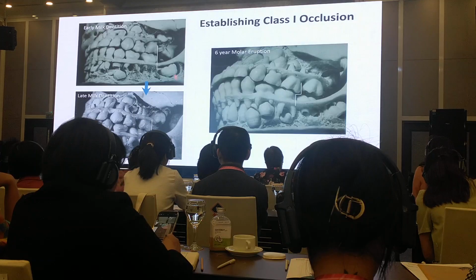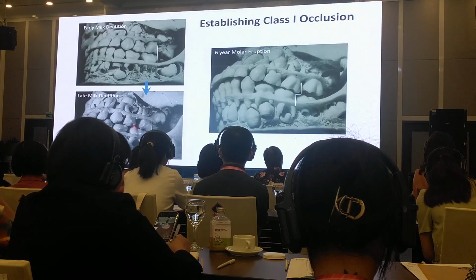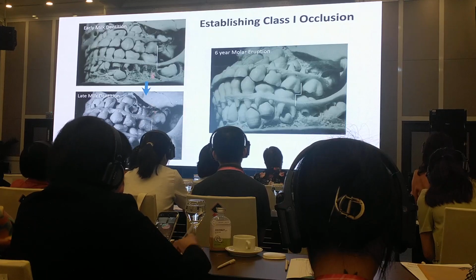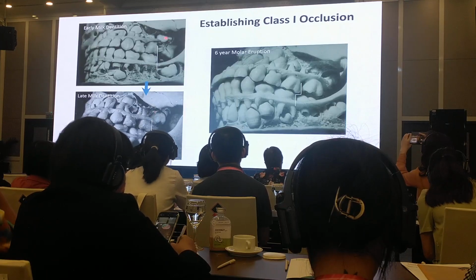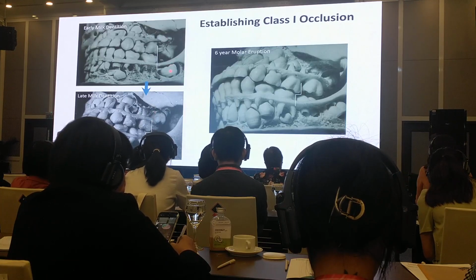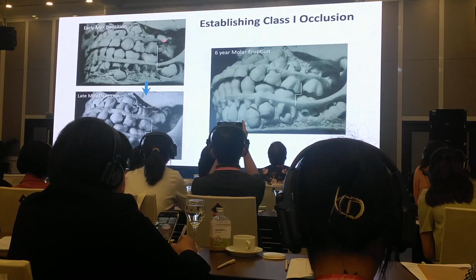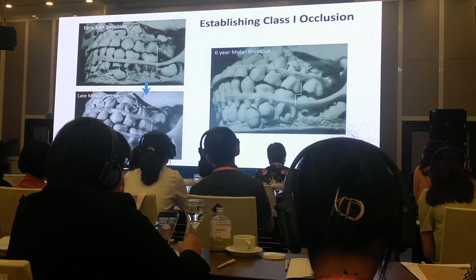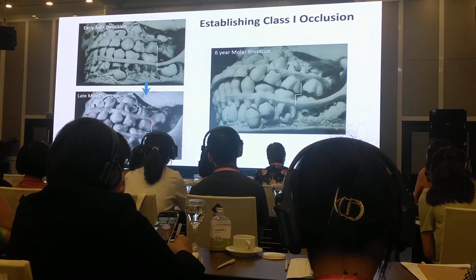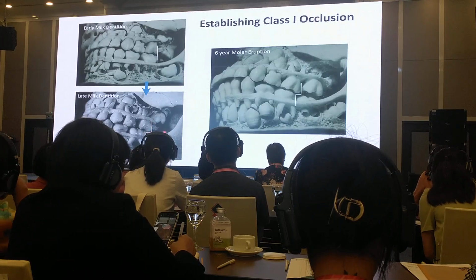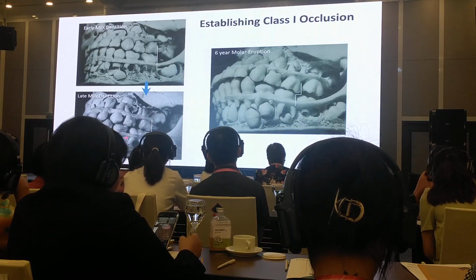They have to change this way: the mandible adapts forward. At 6 years, the first molar starts eruption, then the mandibular position changes, then makes a major step type of terminal plane.